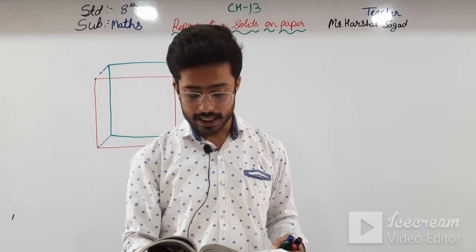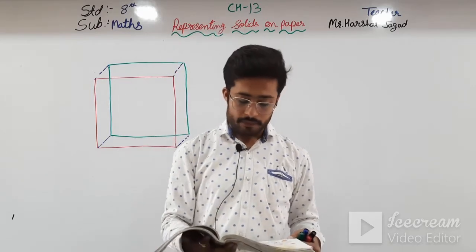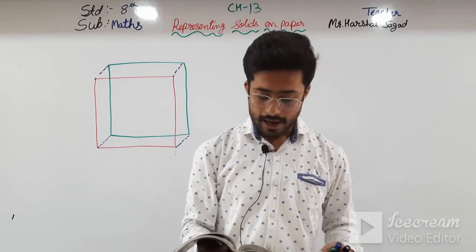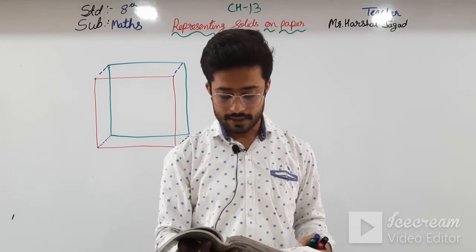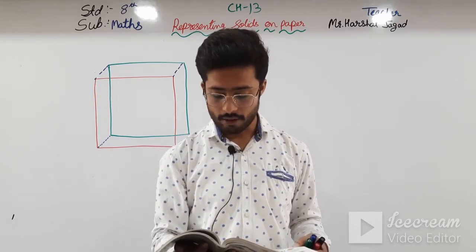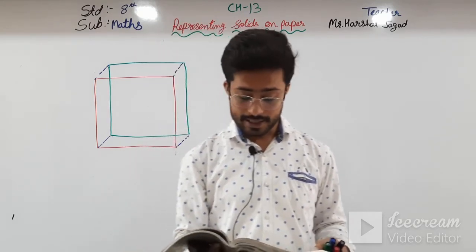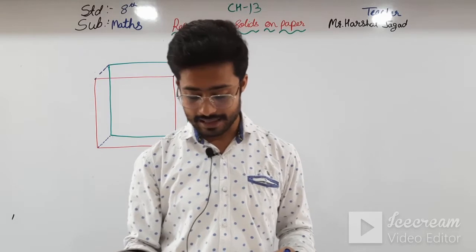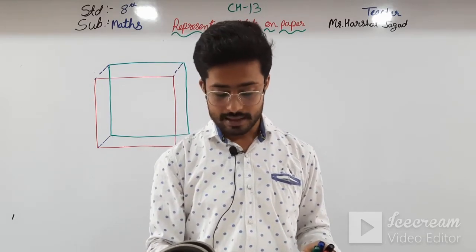How can we make a plane figure look like a solid? Oblique drawing and isometric drawing are a few methods which help us represent a 3D object in two dimensions. Figure 13.8a shows a solid which can be represented by a plane figure in figure 13.8b.